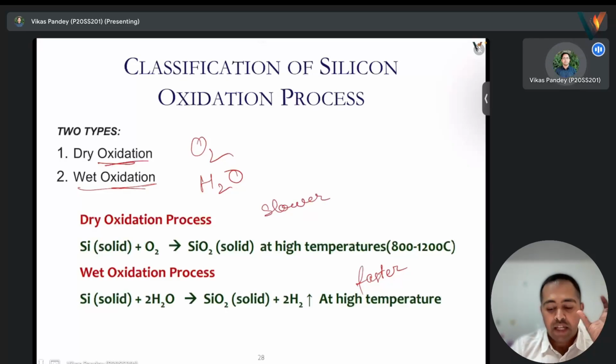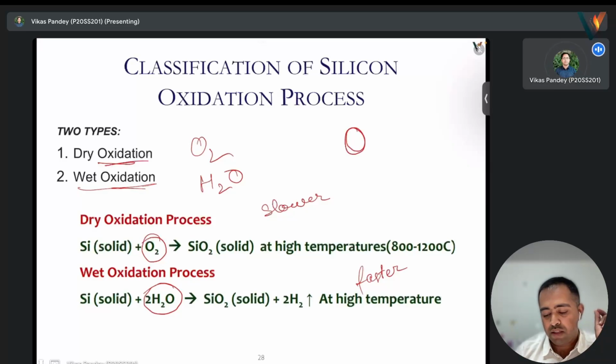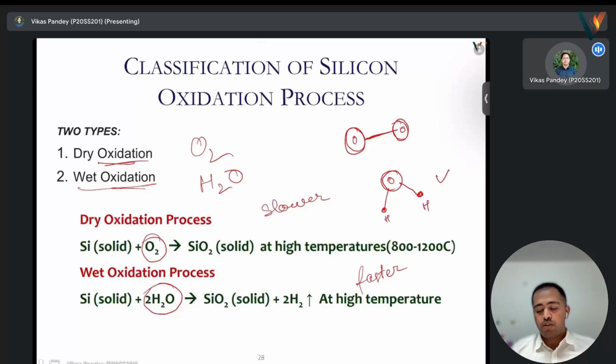Why? If you see the size of O2 and H2O, H2O, with two hydrogens and one oxygen, is a much smaller molecule. The reaction does not occur only at the top. The first layer will convert into oxide, and then for the second layer the species has to go inside.